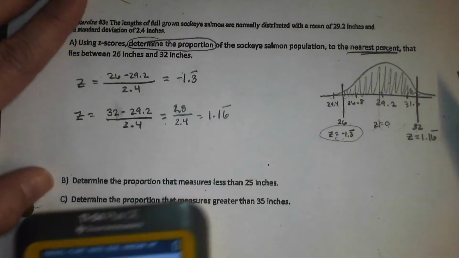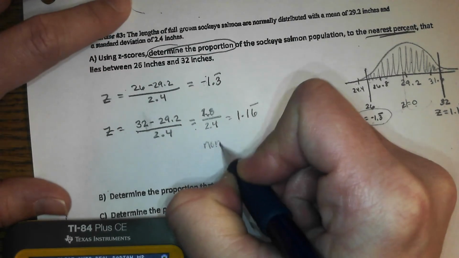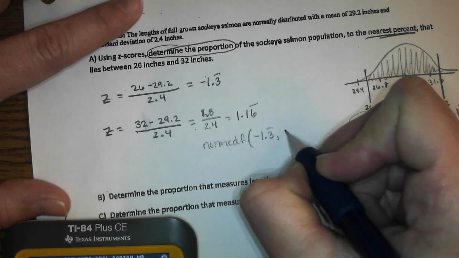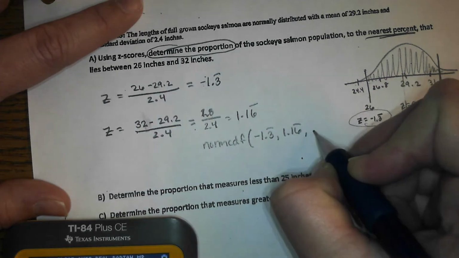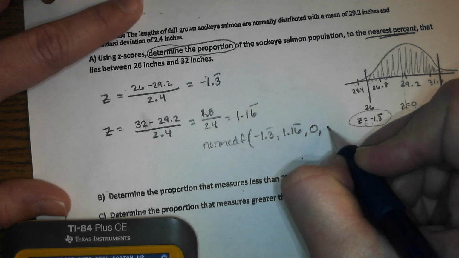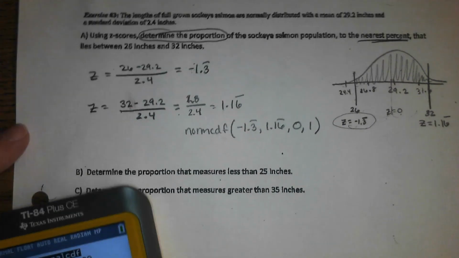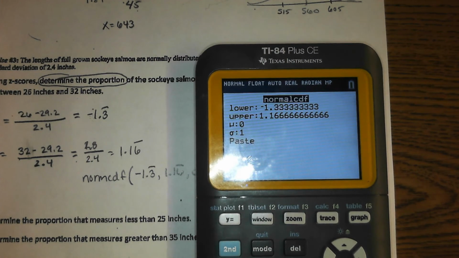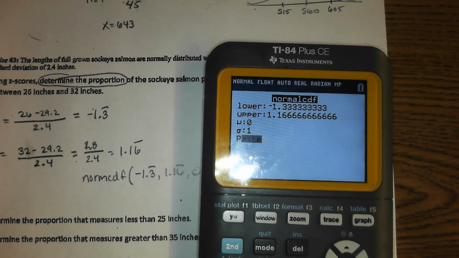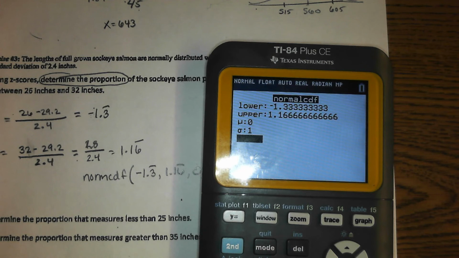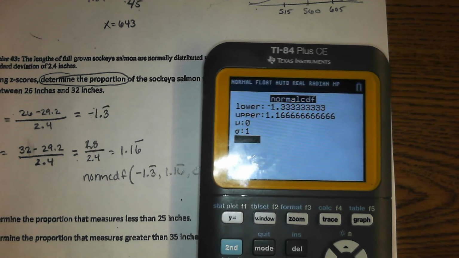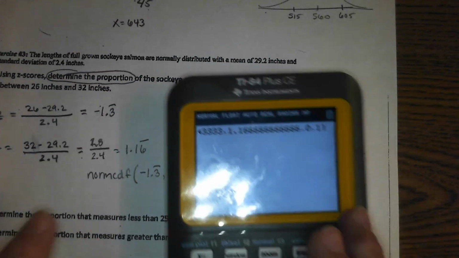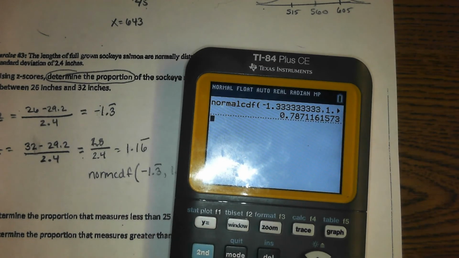In the world of z-scores, it would be NormCDF of your lower limit, comma, your upper limit, comma, your mean of 0, and your standard deviation of 1. When I do that, it's going to tell me the percentage of these salmon that fall within that interval. Do you follow? Enter. It brings it to my calculator, and then I hit enter, and there's my percentage.